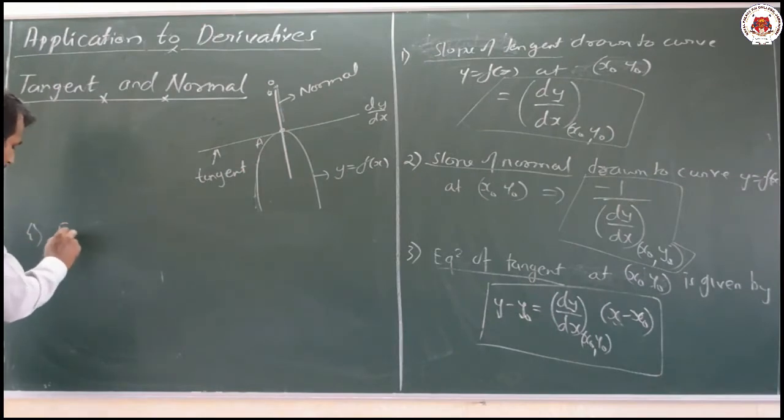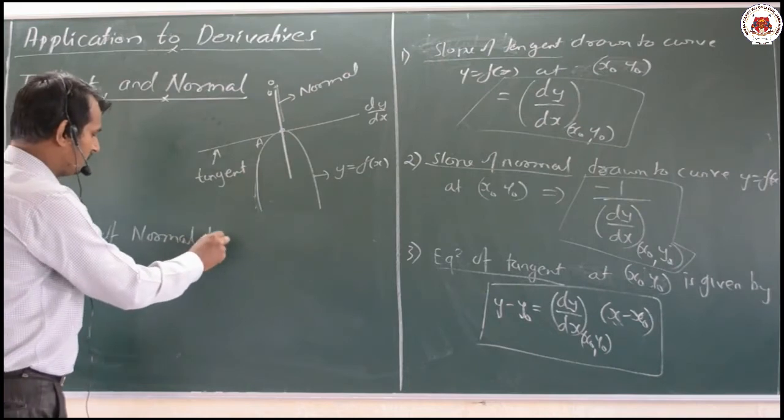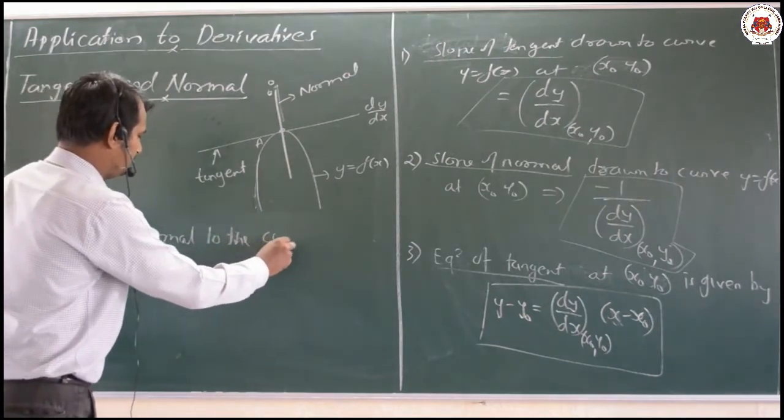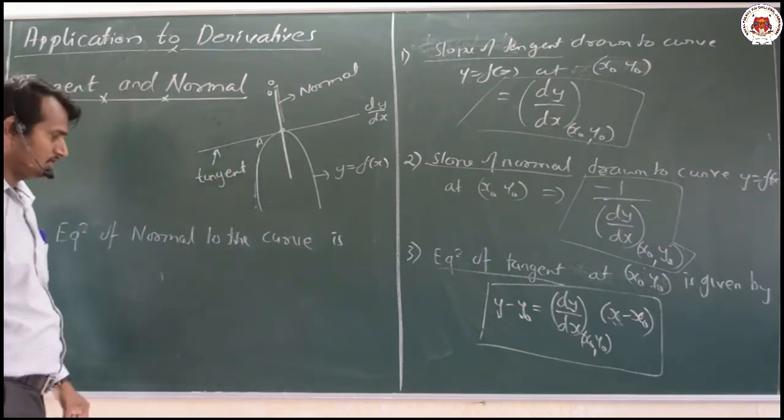Fourth point, the equation of the normal to the curve.